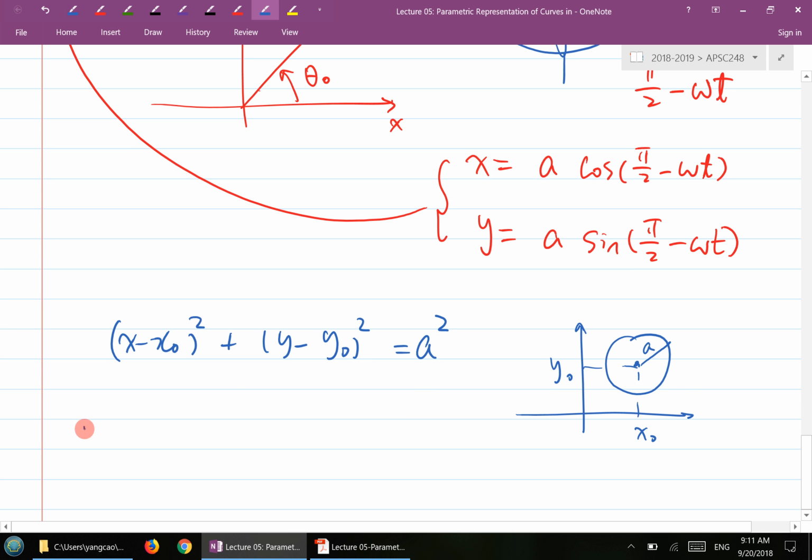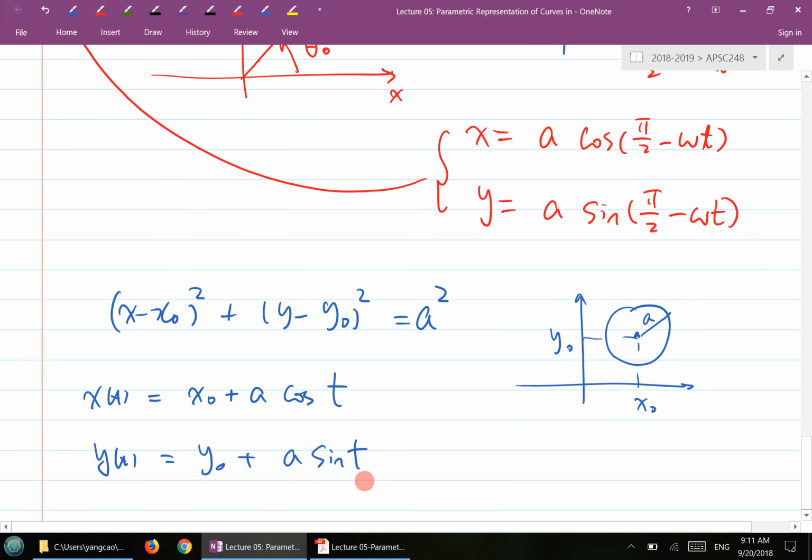Okay, I'll write down this solution here. You will see why it makes sense. Here's a possible solution for the parametric equation describing this circle. Without x0, y0, we learned already it's a cosine or a sine, and the omega can be any value.